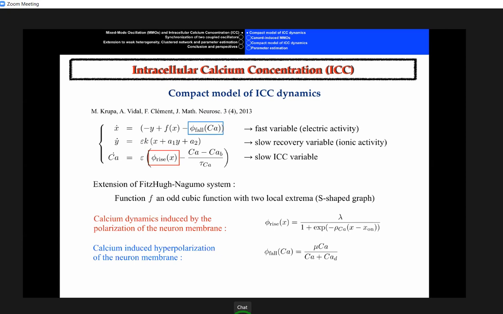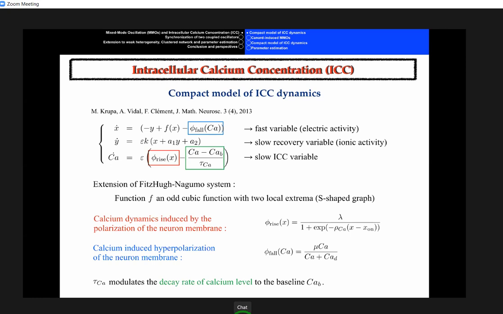And so we have a calcium-induced hyperpolarization of the neuron membrane given by this Michaelis-Menten function here, with additional parameters, once again, mu and CAD, that gives us the feedback on the electrical activity by the concentration of ICC, of intracellular calcium. Okay.